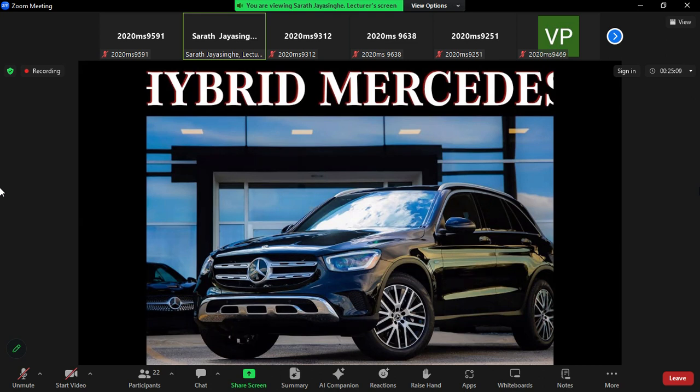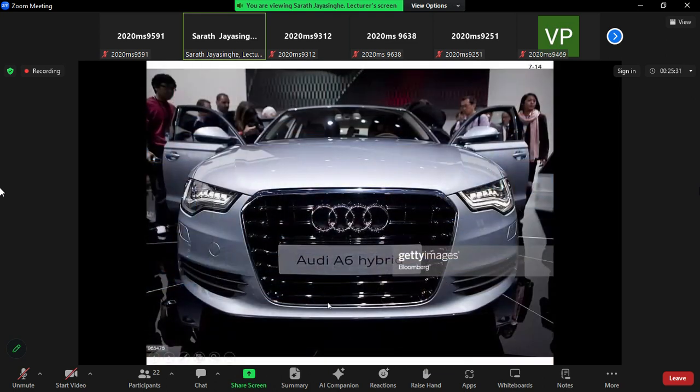But a hybrid car goes many miles on 1 liter, maybe 25 or 30. That is the difference, because of the shape and the materials they have used. They are also coming under hybrid. These are under Audi. So people think about what is relevant to them according to their requirements.